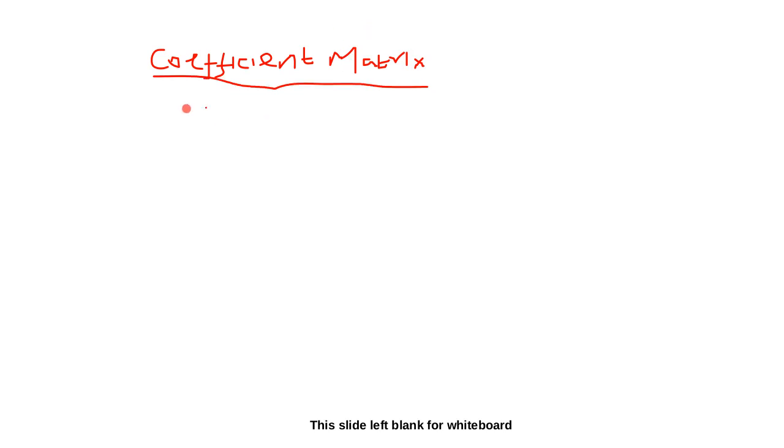So our coefficient matrix will be A1, B1, and C1. Then we have A2, B2, C2, and lastly A3, B3, C3.